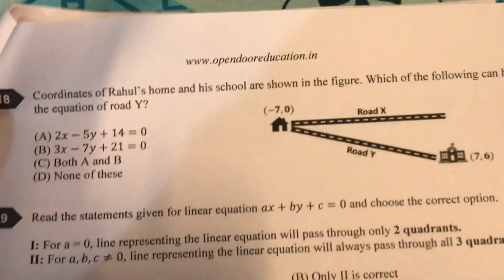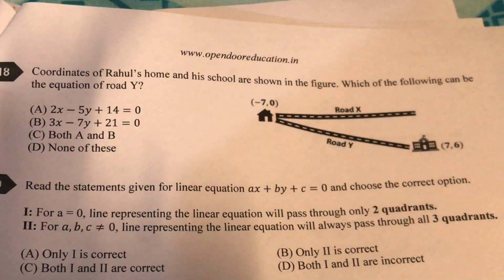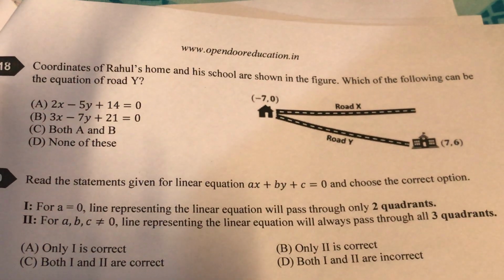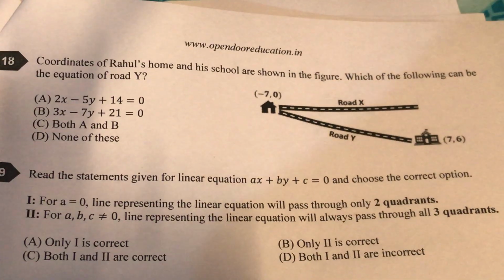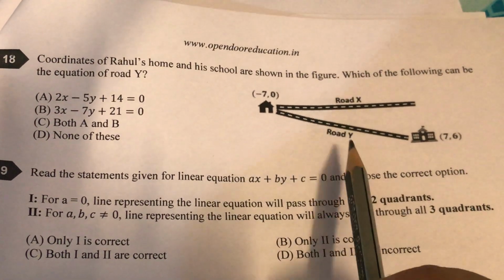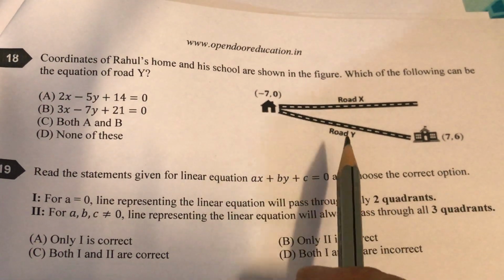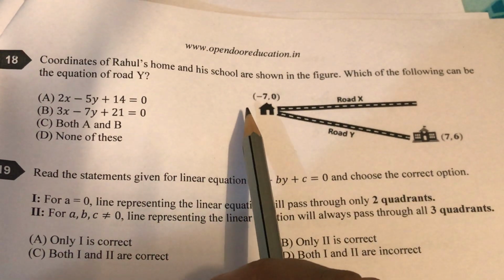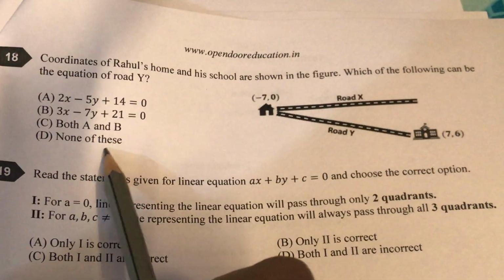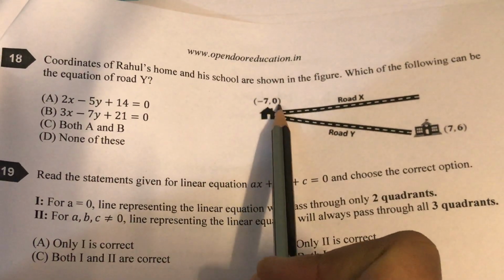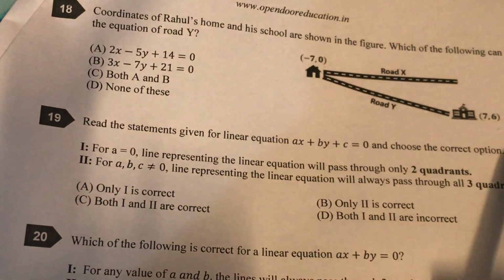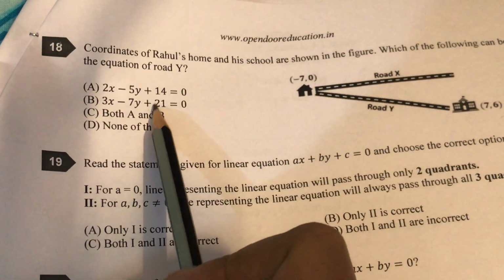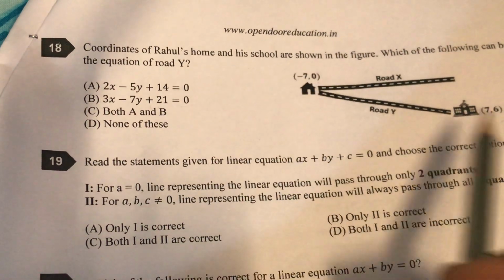This is my question number 18. The coordinates of Rahul's home and his school are shown in the figure. Which of the following can be the equation of the road Y? I have to find the equation of road Y, isn't it? Now the 2 coordinates are given and the equations are given. Put the values of x and y of both points in the equations and see which equation satisfies both the points.